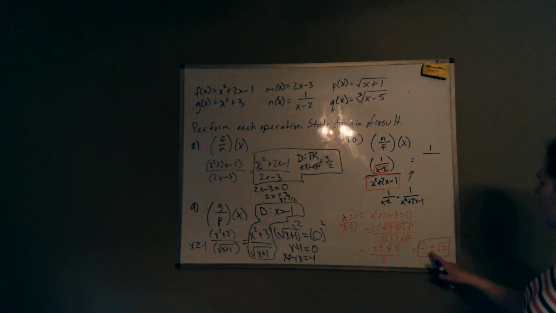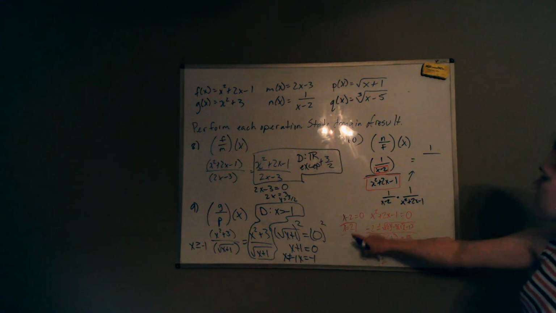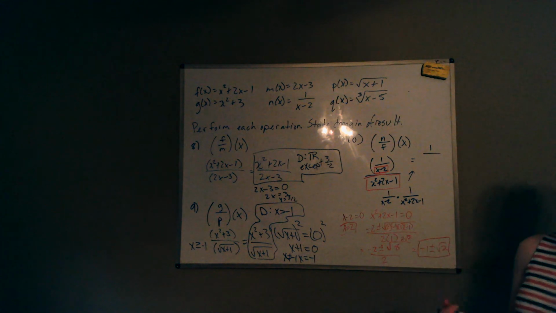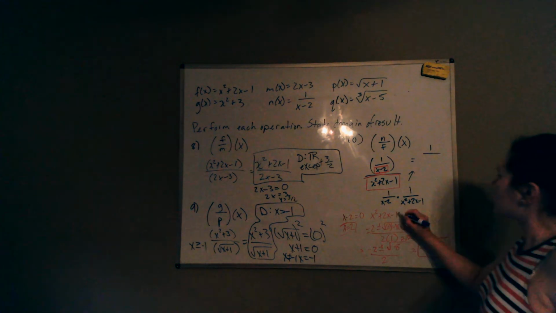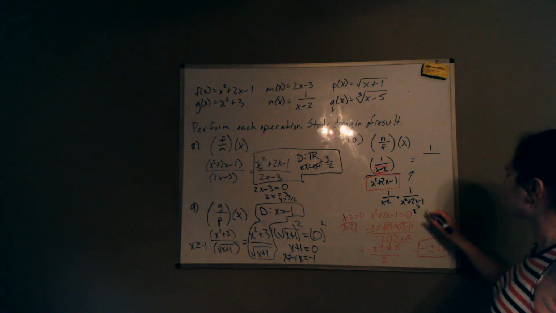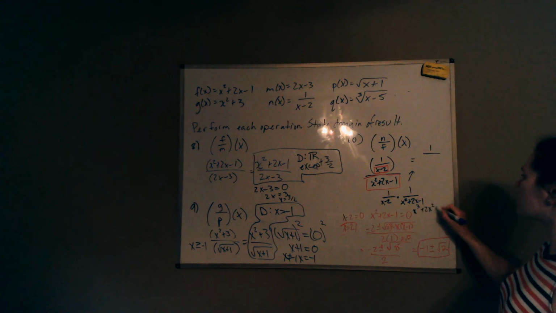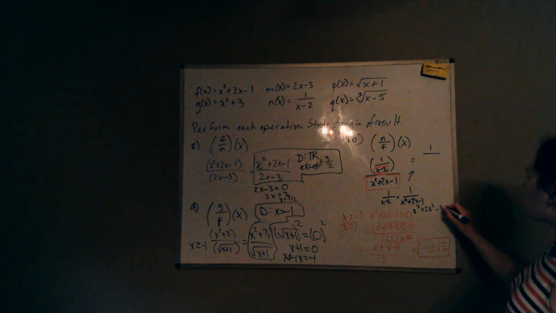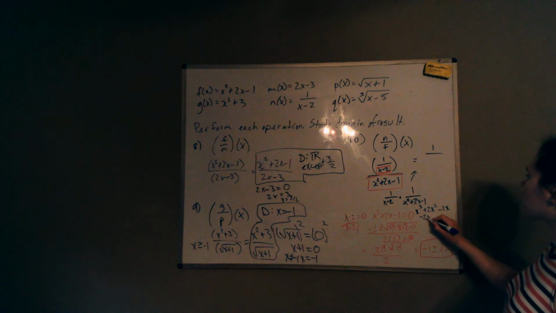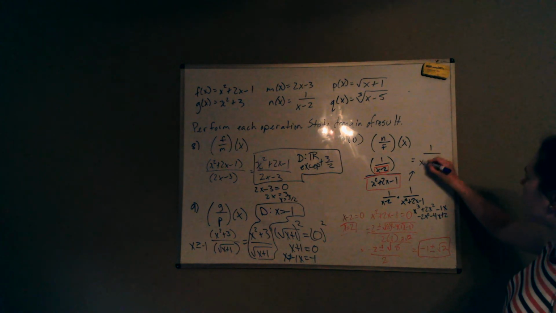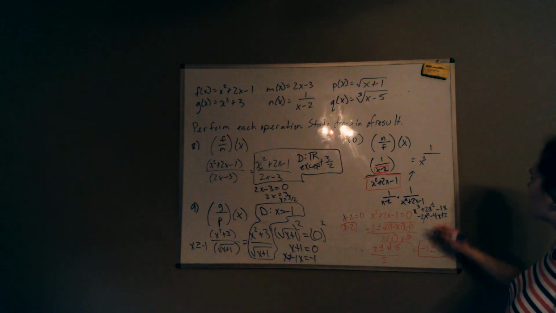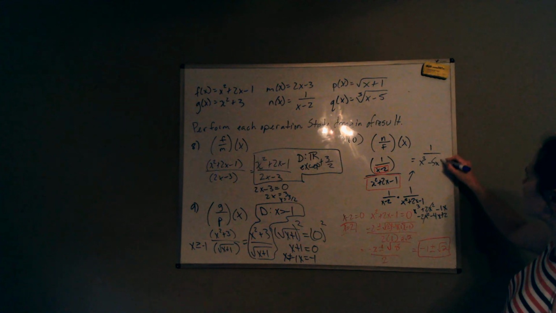But if you look, these are the three values that would make the denominator 0. We already found them. So when I multiply this out, this is going to give me x to the third plus 2x squared, minus 1x minus 2x squared minus 4x plus 2. That's going to give me x to the third, the x squareds cancel, minus 5x plus 2.